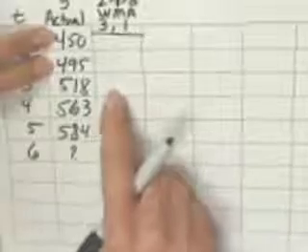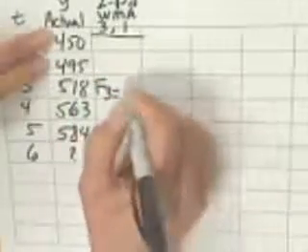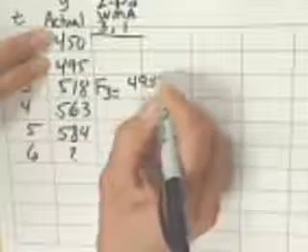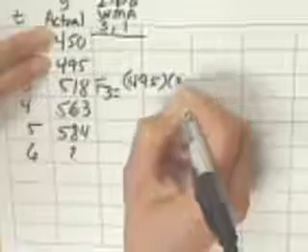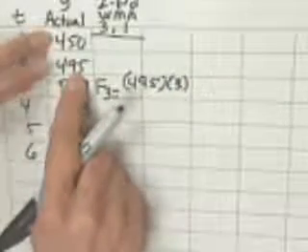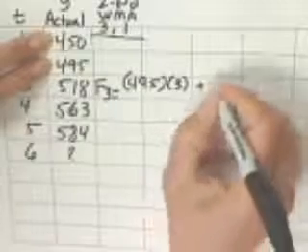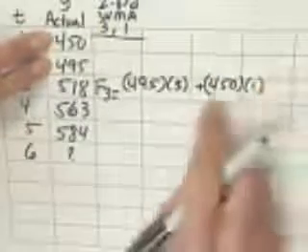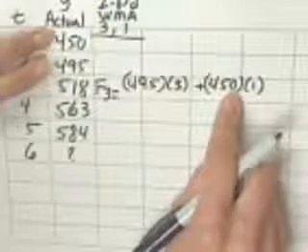So to make the forecast for time period 3, we get 495 times 3, which is the most recent data, and then 450 times 1 for the older data.